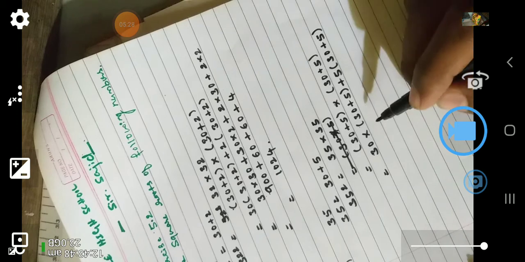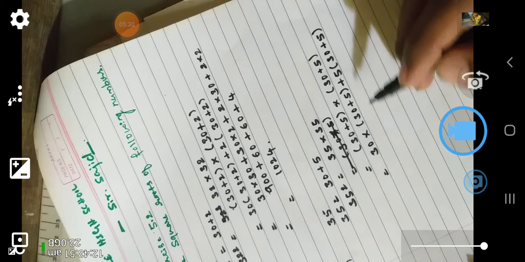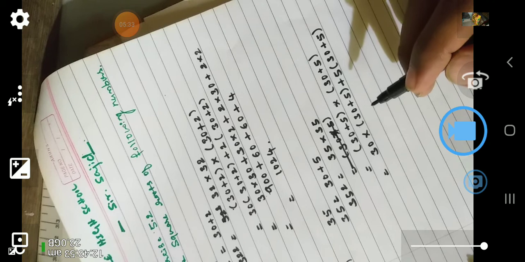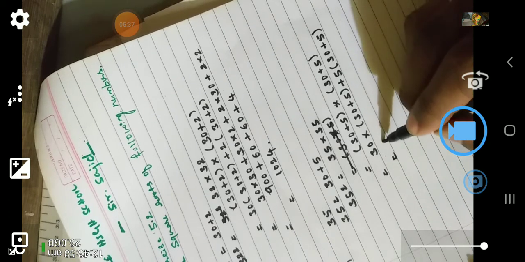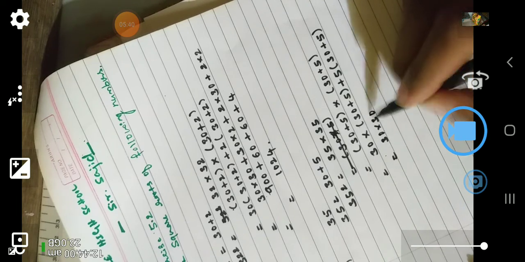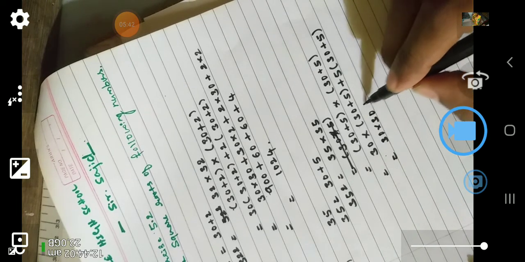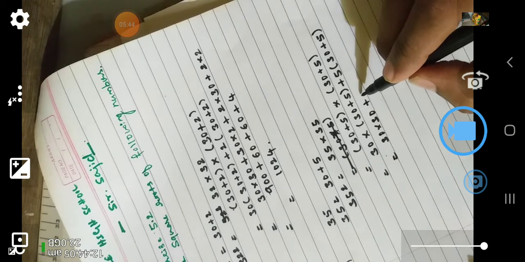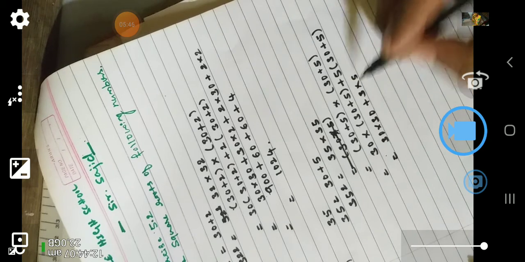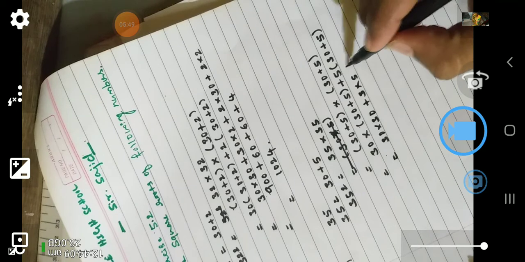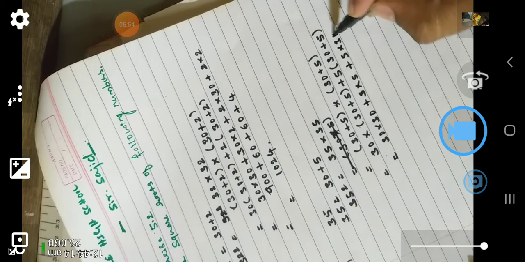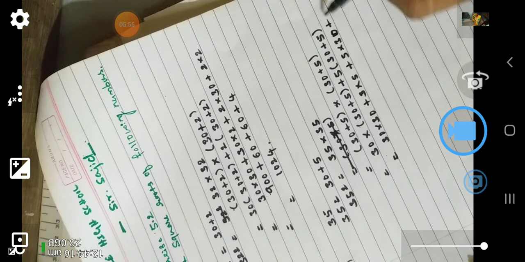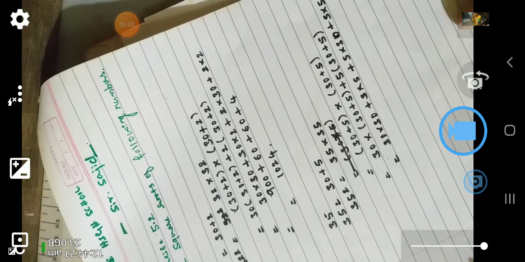How can we solve this? 30 into 30, plus 30 into 5, plus 5 into 30, plus 5 into 5, we can write like this, isn't it?